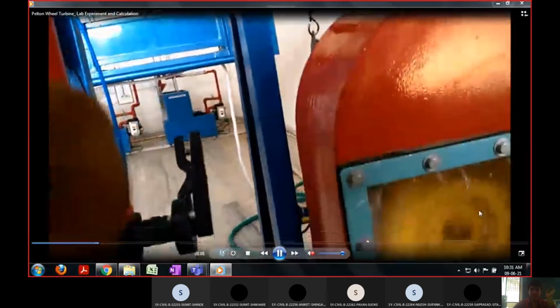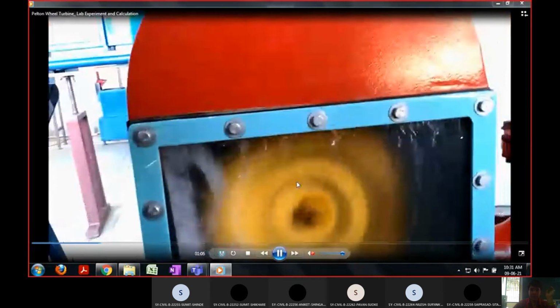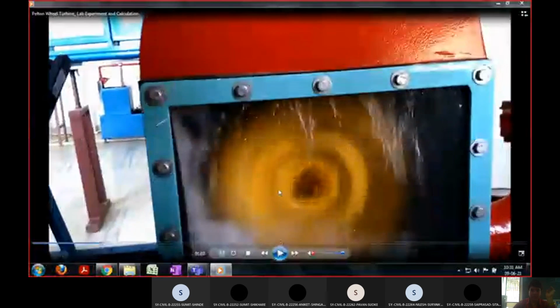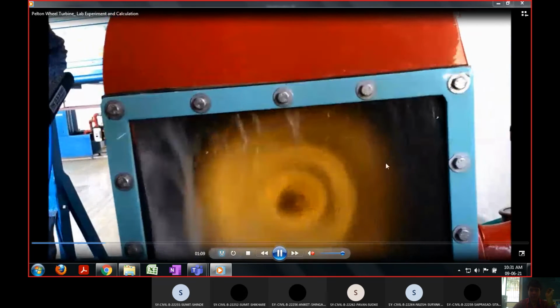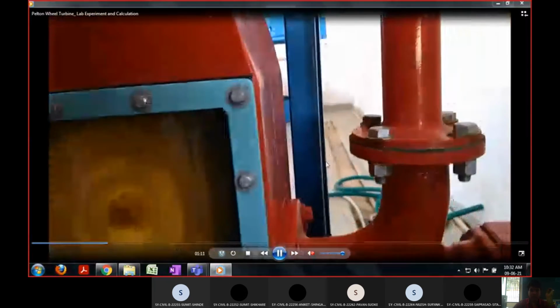The water jet is impacted over the turbine wheel. Look at the turbine bucket. Inside this mechanism we have a turbine bucket. The water is impacted through the nozzle onto the bucket. The bucket will rotate like this. See here, the bucket is rotating now.